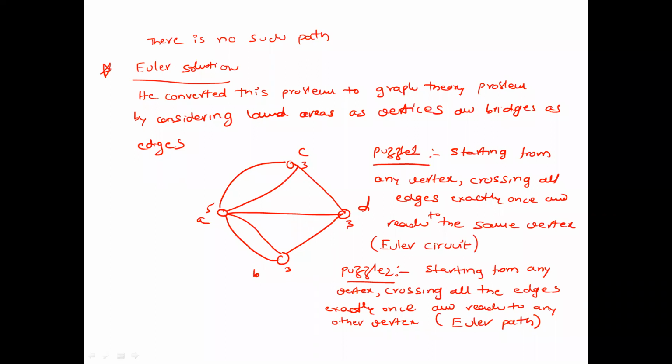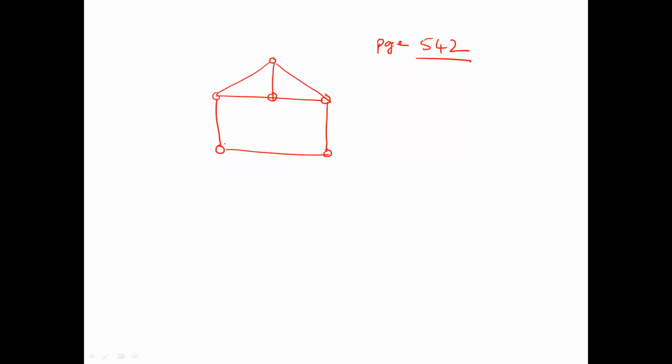So let me give you one question. This is one of the exercise questions, on page number 542. Tell me whether this has a Euler circuit or Euler path.